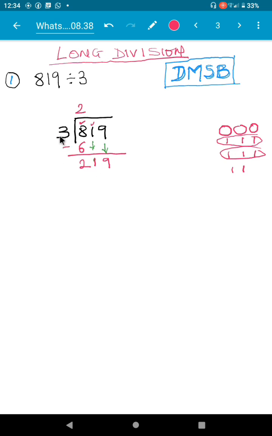Let's go. 3 divide 21. You go back to the basic division I taught you in case you can't get the number offhand. You count again up to 21: 1, 2, 3, 4, 5, 6, 7, 8, 9, 10, 11, 12, 13, 14, 15, 16, 17, 18, 19, 20, 21.